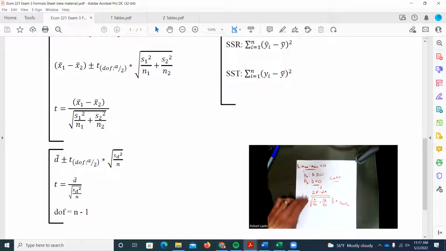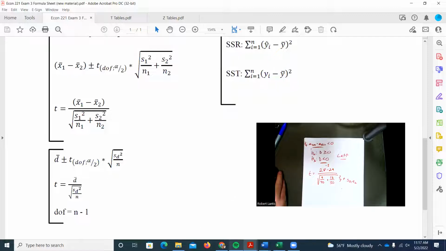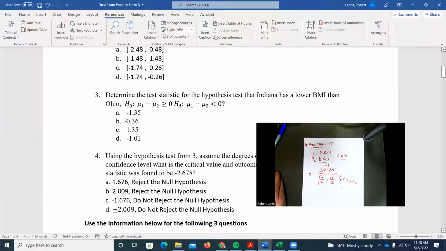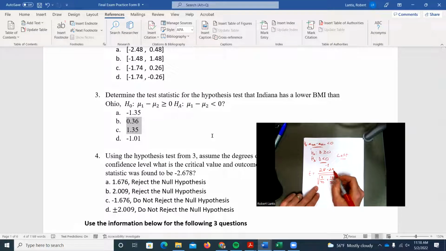So my test statistic should be negative. When I'm looking at the possible answers here, I can rule out B and C right away, because my denominator, the standard deviation, is always positive. So the sign of my numerator is the sign of my test statistic, and I found a -1 here in my numerator. I think if I work this out, I end up getting -1.35.